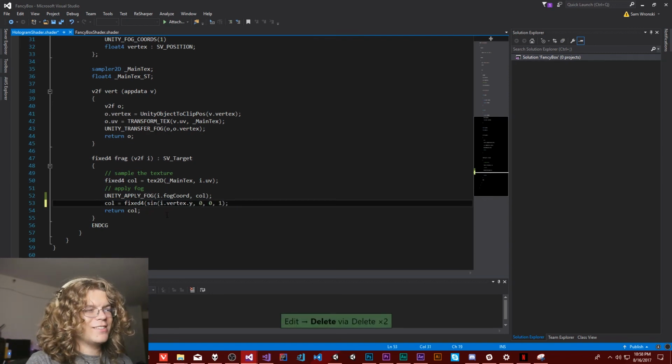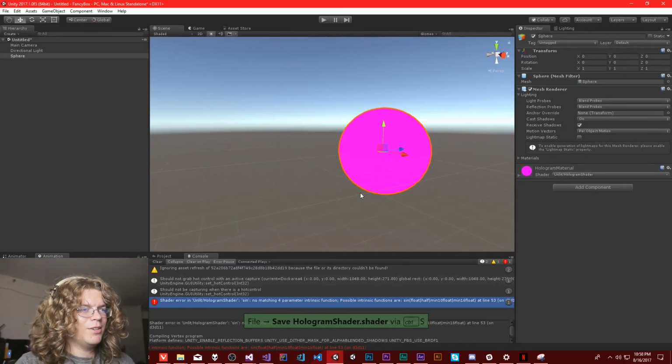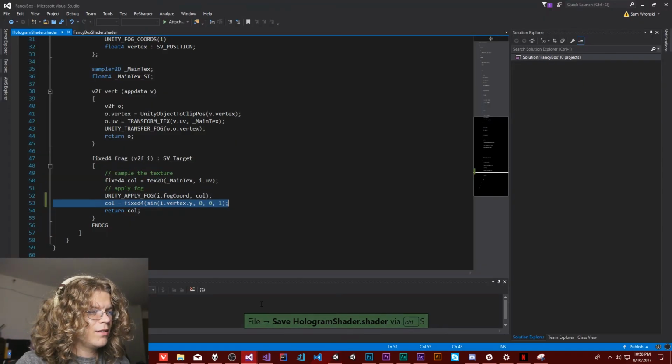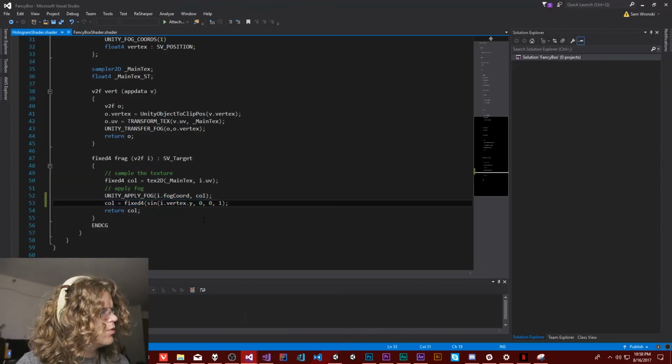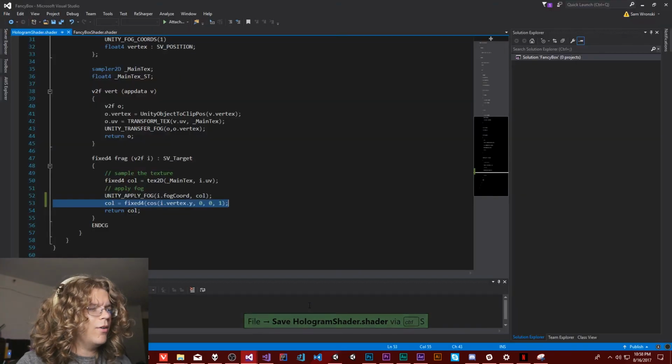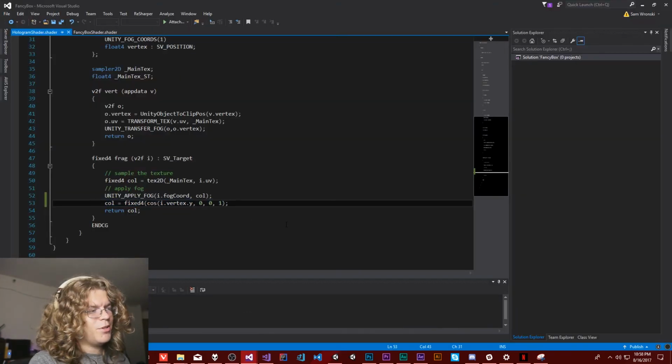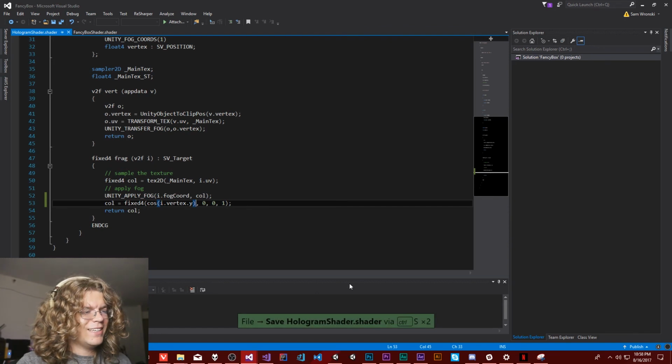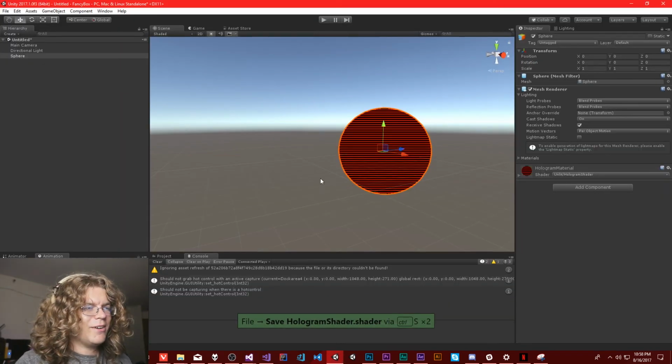Mathf is Unity script stuff. We don't need that. We just need sine. No matching parameter for 4 arguments. Got it. Okay. Going a little bit crazy here, but there we go.